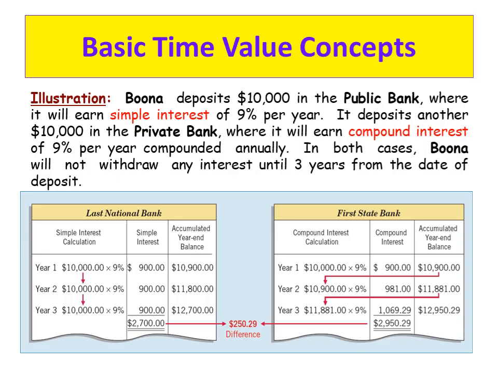You can calculate simple interest as principal times interest rate times T. Principal is 10,000 times rate 9% times 1 year, and it gives us 900 simple interest. This is how simple interest is calculated.